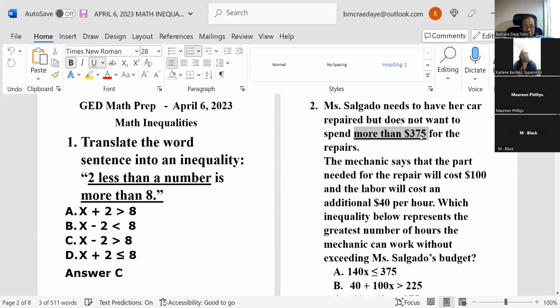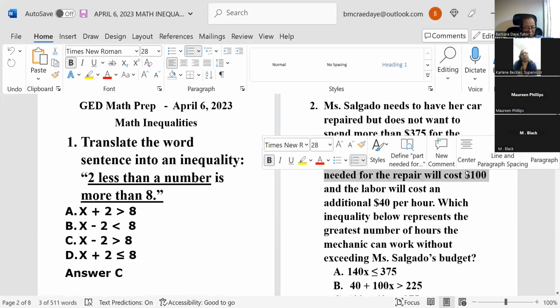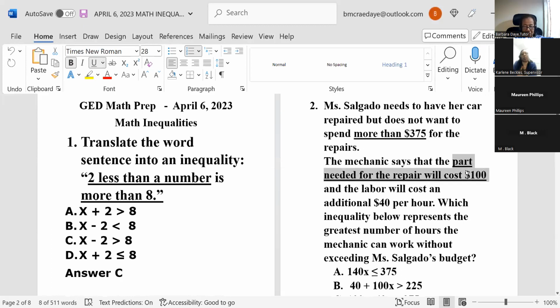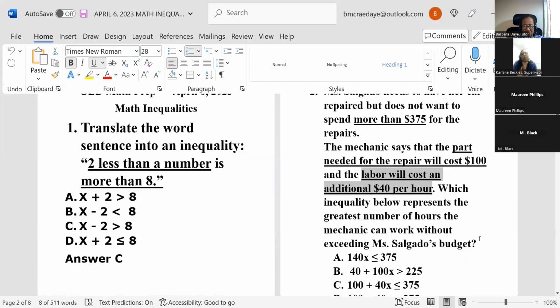The mechanic says that the part needed for the repair will cost $100 and the labor will cost an additional $40 per hour. Which inequality below represents the greatest number of hours the mechanic can work without exceeding Miss Salgado's budget?